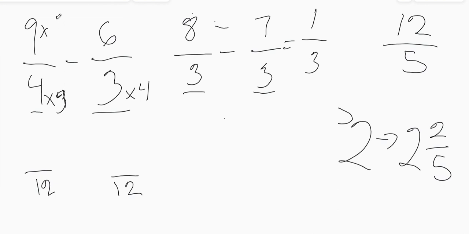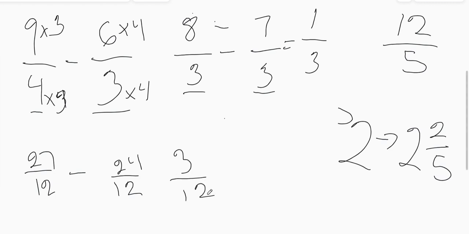But whatever you do to the bottom, you do to the top. So 4 times 3 is 12, 9 times 3 is 27, 3 times 4 is 12, 6 times 4 is 24. And then you subtract. 27 minus 24 is 3 over 12.